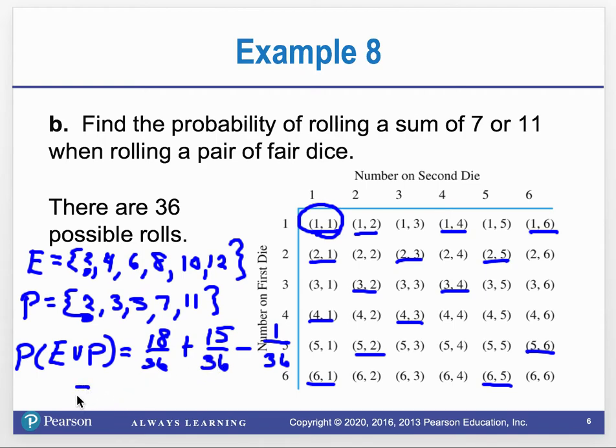So my final solution is 18 plus 15 minus 1. So let's see, 18 plus 14, 32 out of 36. Okay, which is, they're both divisible by at least 4, so 8/9.